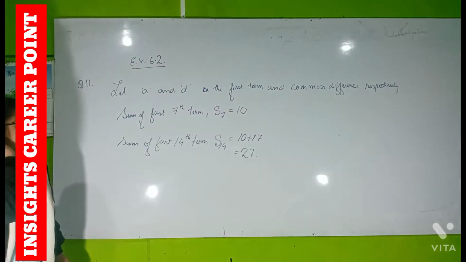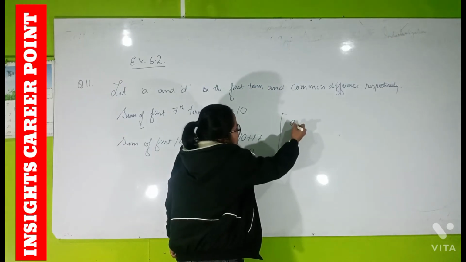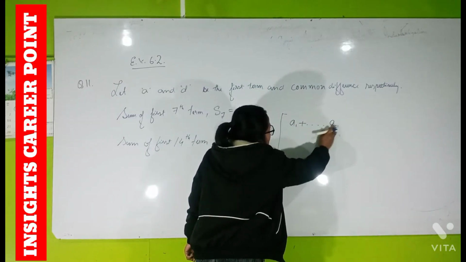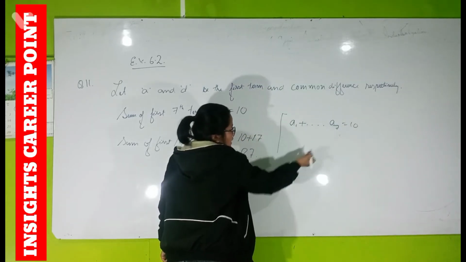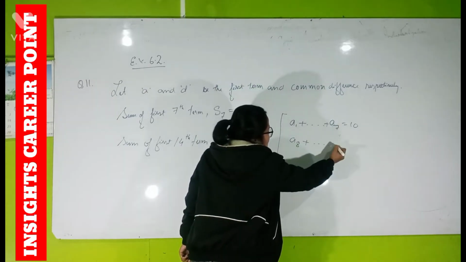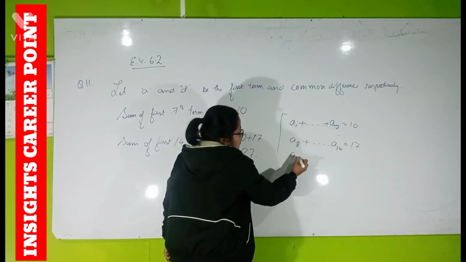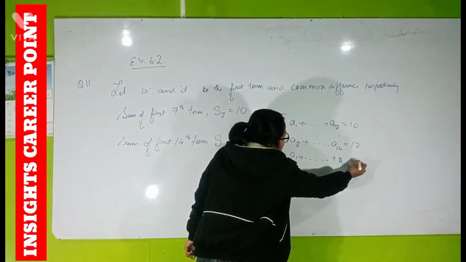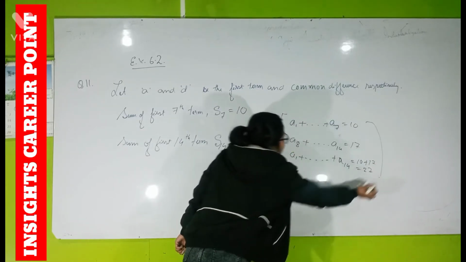From A1 to A7 we get 10, and starting from the next 7 terms, A8 to A14, the sum is 17. If we add from A1 to A14, we get 10 plus 17, that is 27.